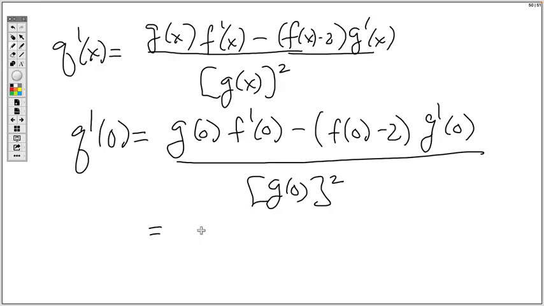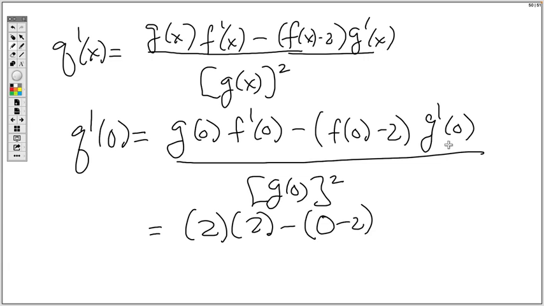Now I go back, what did we get for g of 0? 2. What did we get for f prime of 0? 2. Minus, what did we get for f of 0? 0 minus 2.